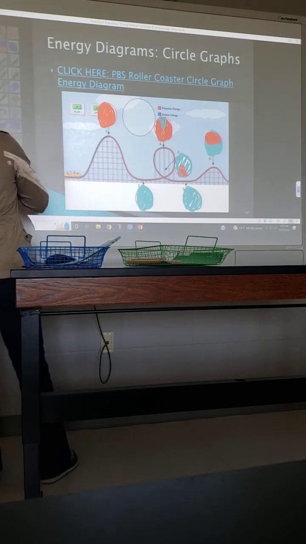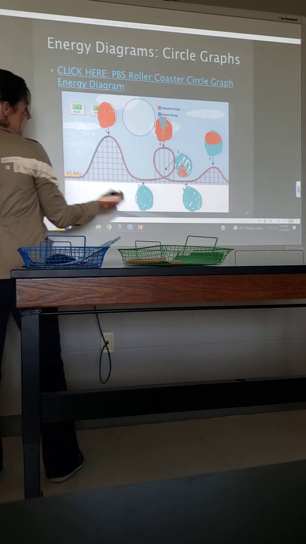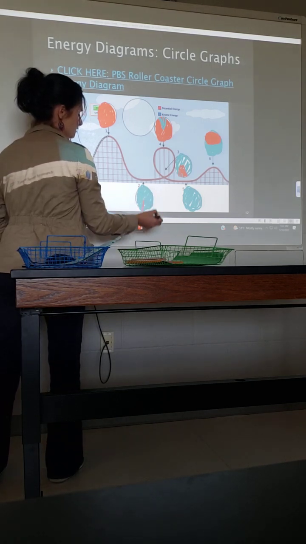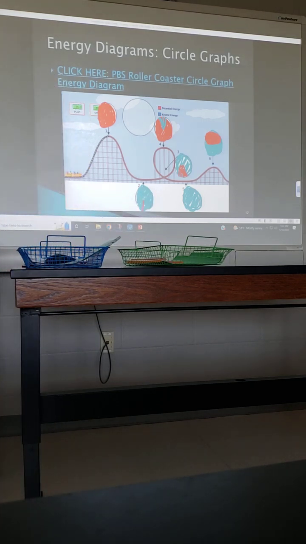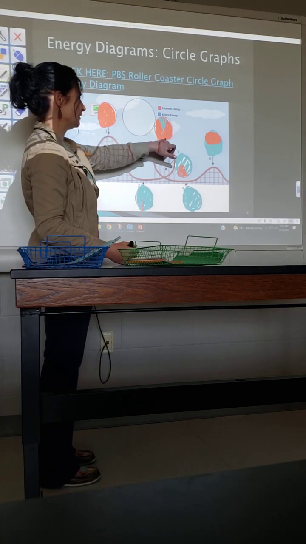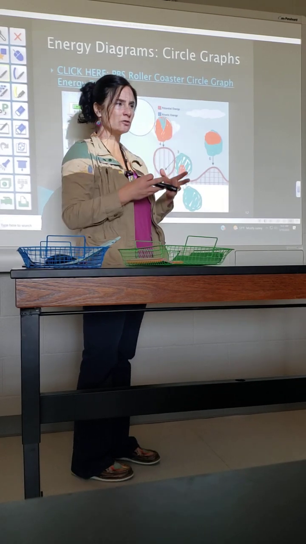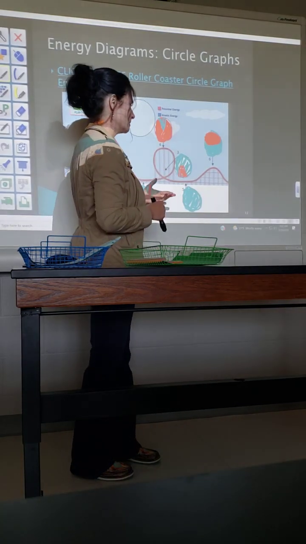At 2, mine's messed up just a little bit. It should have the sliver of potential. And it doesn't matter if this blue was down here or if this red was down here, as long as the percentages on that circle are the same, it doesn't matter.